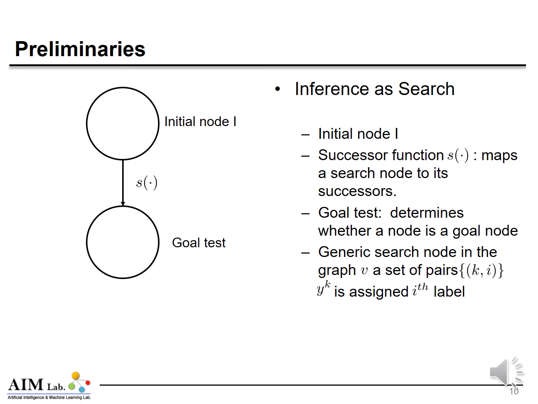The initial search node I is the empty set since none of the variables has been assigned when the search begins. For a node V, its successor S(V) is a set of nodes, each containing one more assigned variable than V. A node is a goal node if all variables yk have been assigned. Finding a shortest path in such a search space is equivalent to the original ILP problem.